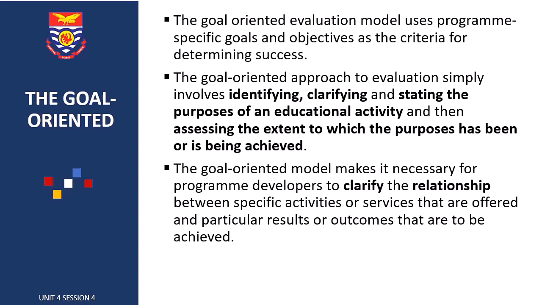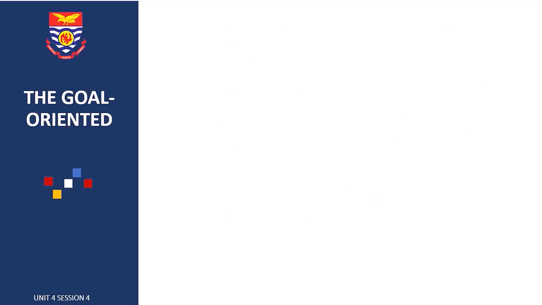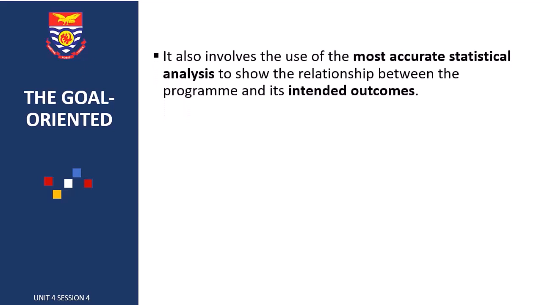So you are clarifying relationships between outcomes and activities, or outcomes and services. Because the goal-oriented model seeks to check the relationship between objectives and outcomes, it involves the use of most accurate statistical analysis to clearly show this correlation.